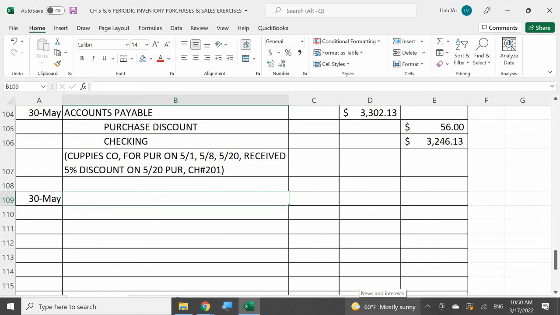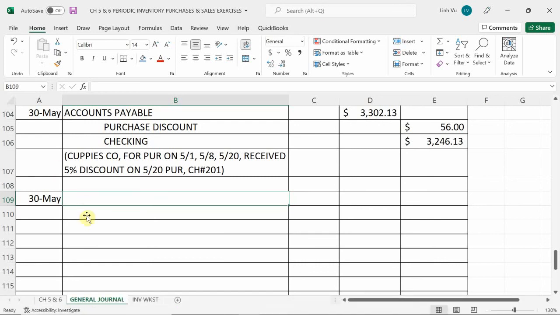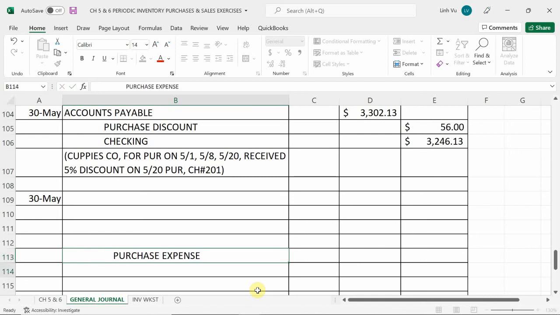Purchase expense. Purchase expense is going to be one of them, yes. But that's going to be credited because we are doing a conversion. What else do I need to recognize?